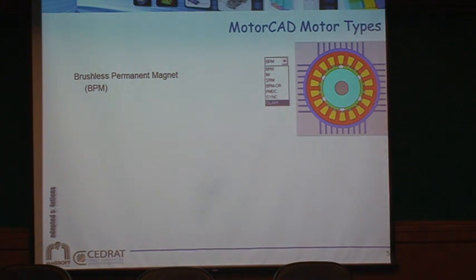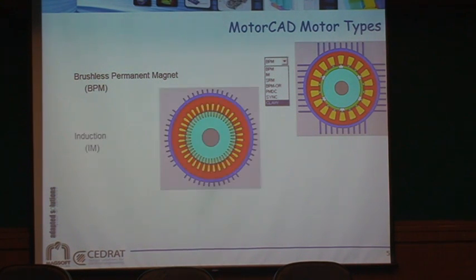What can it do? It can do brushless permanent magnet, so that would be surface or embedded magnet, exactly the same as Speed. It can also do induction machine, single phase or polyphase, actually 3-phase or single phase.